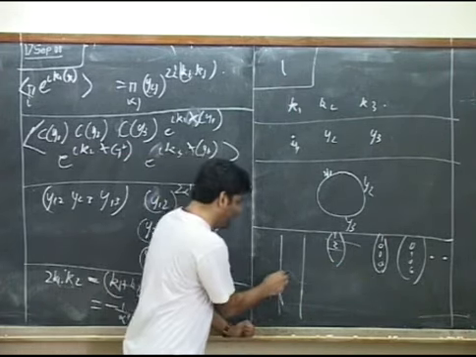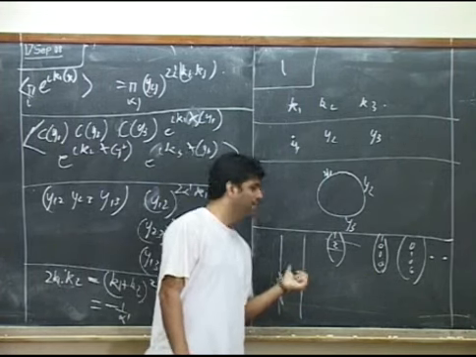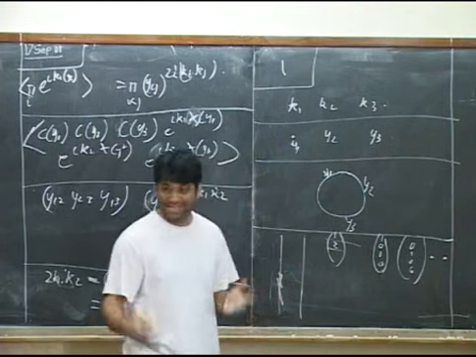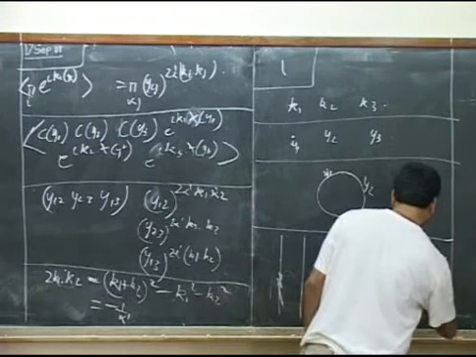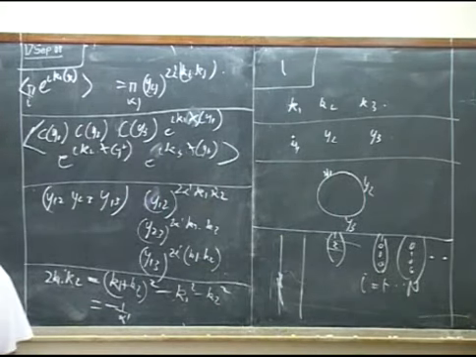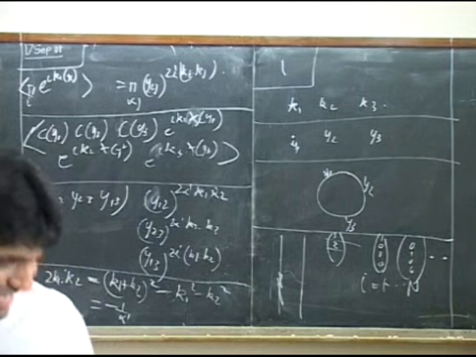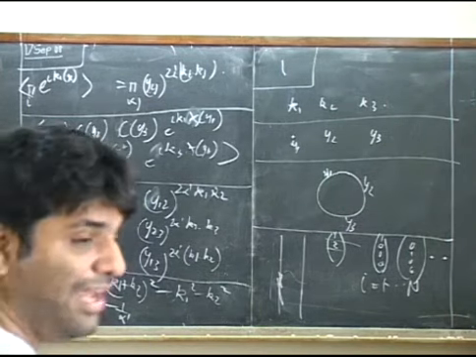The flavors are labeled by one index i that runs from 1 to n, where n is anything, on the left boundary, and one index i that runs from 1 to n on the right boundary.